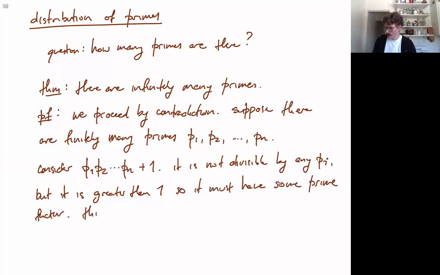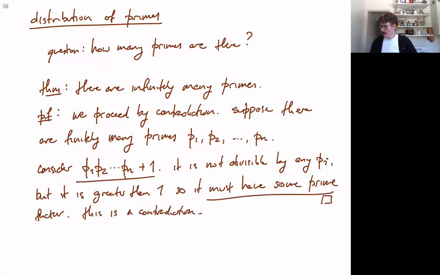And this is the contradiction, which completes the proof. Because we have this number, which must have a prime factor, but it is not divisible by any of the primes in our list. That is the contradiction.